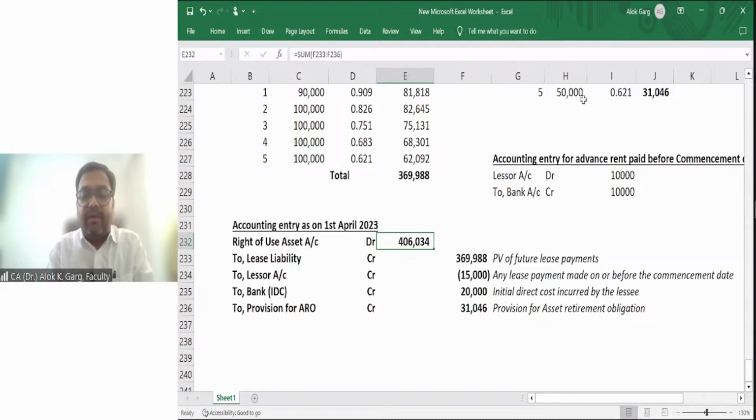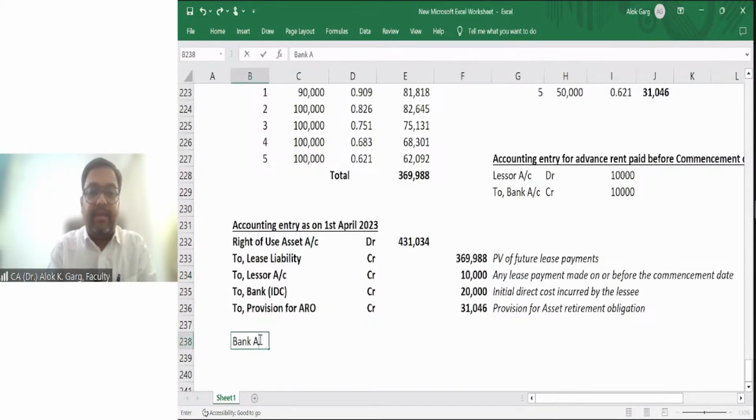Alternatively, what could be the entry? At the same time, you will debit the bank account and credit the right of use asset.